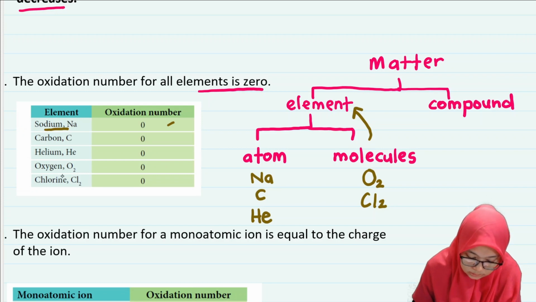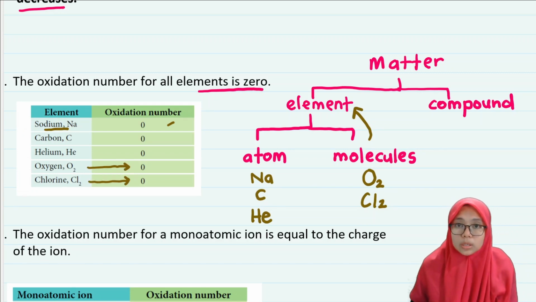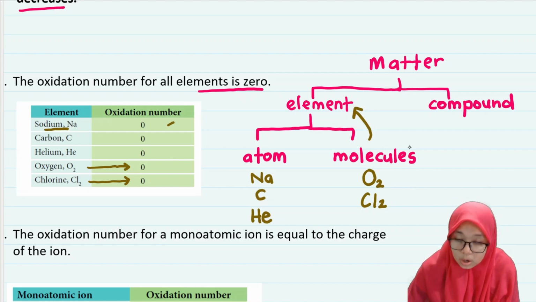So you can see here, the oxygen oxidation number is 0 and chlorine oxidation number is also 0. This is because it is a molecule, but it is in the element group, not a compound.